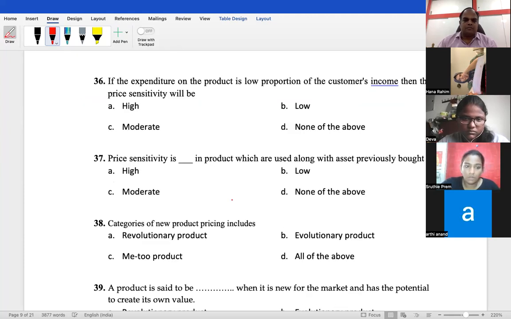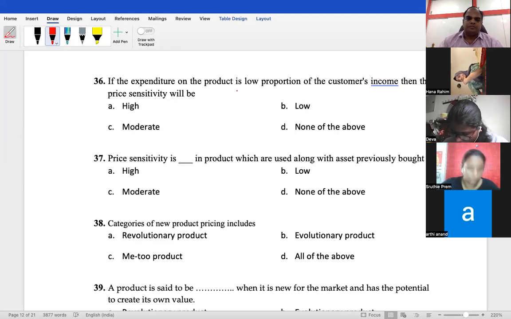Next. If expenditure on the product is a low proportion of the customer's income, then the price sensitivity will be dash. High, low, moderate, none of the above. Low. The bargaining power will come down. Low.